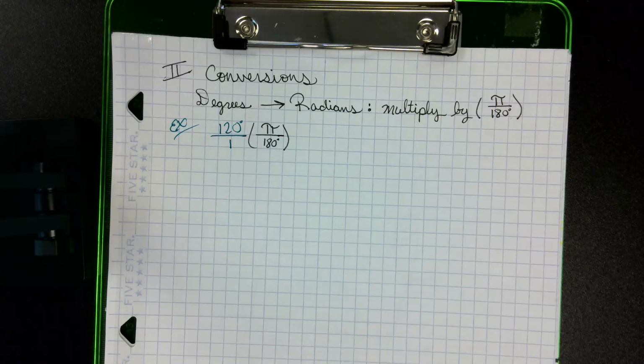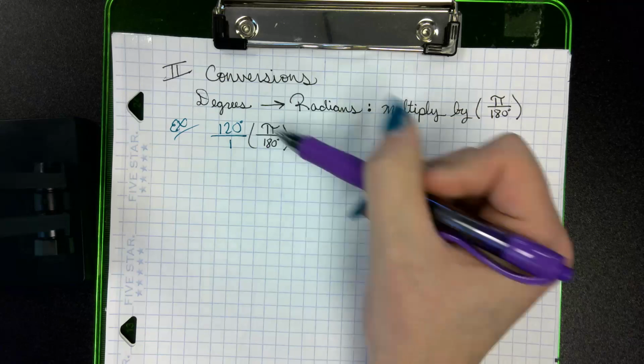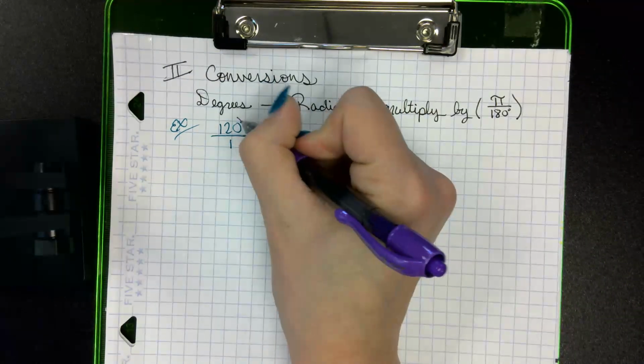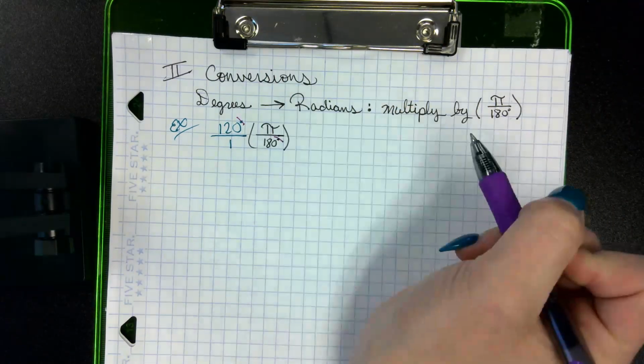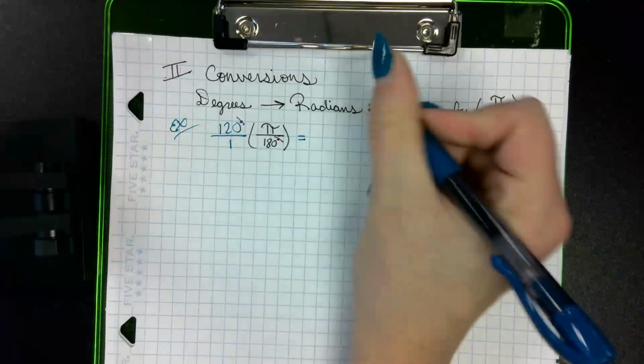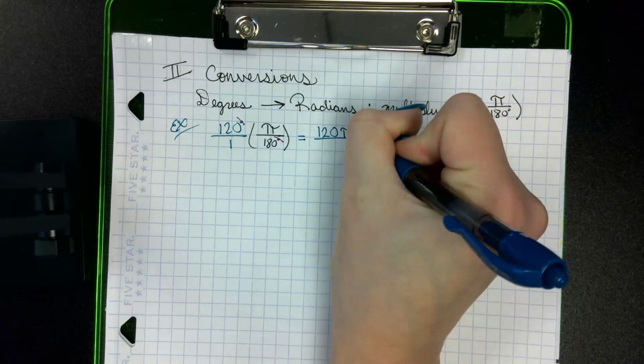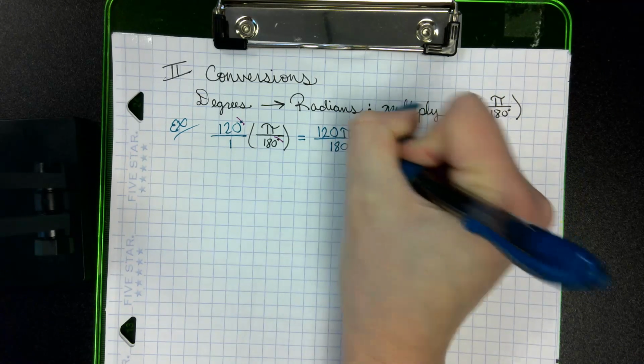And then when I look at this, I have degrees in the top and degrees in the bottom. So degrees can cancel degrees. So now my degrees are gone. So this is 120 pi divided by 180.